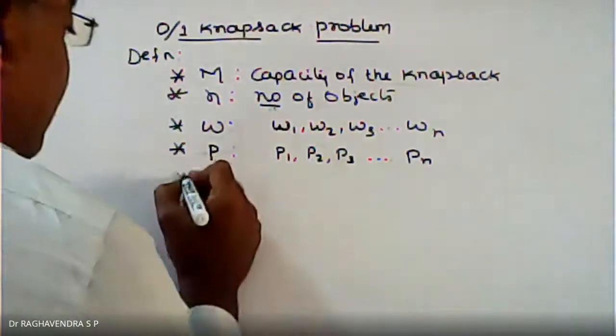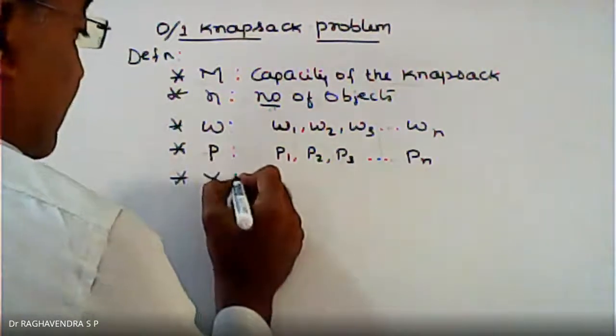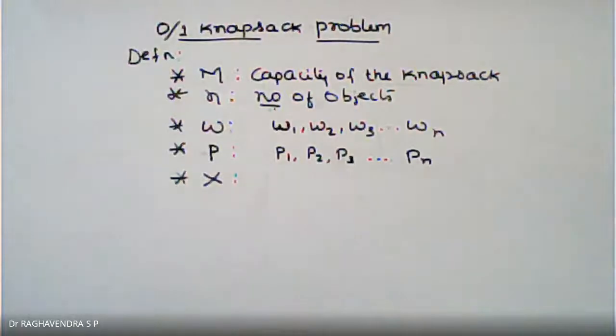Next, X. X means an array consisting of either 0 or 1.